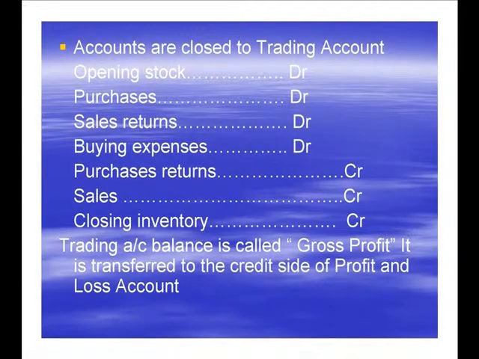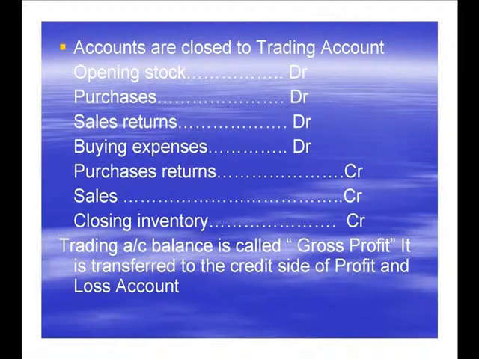So how? Some of the accounts are closed to trading account. Opening stock is a ledger account and its balance is transferred to the debit side of the trading account. And purchases account balance is transferred to the debit side of the trading account.